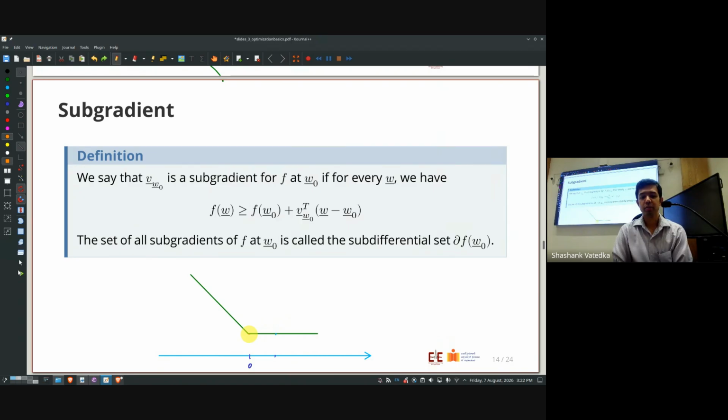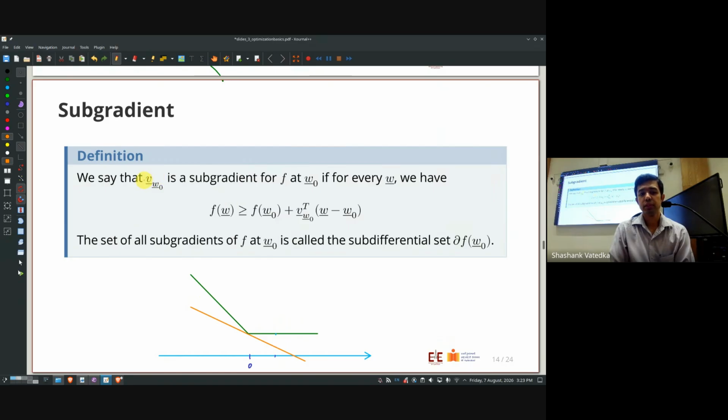In fact, it's not just one line. I can construct infinitely many lines. Right? For example, this particular line passes through this point and lower bounds the function. And we'll use this exact idea to define the so-called subgradient of f.